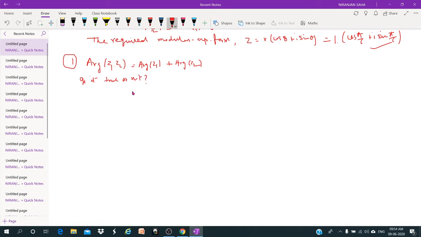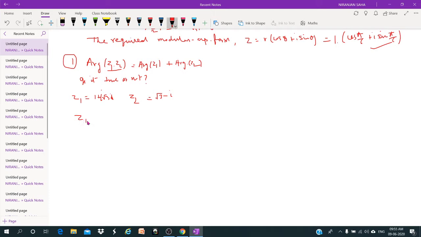So take an example. Take z1 as any complex number, given as 1 + i√3, and take z2 as √3 − i. First we have to find the multiplication of z1 and z2.